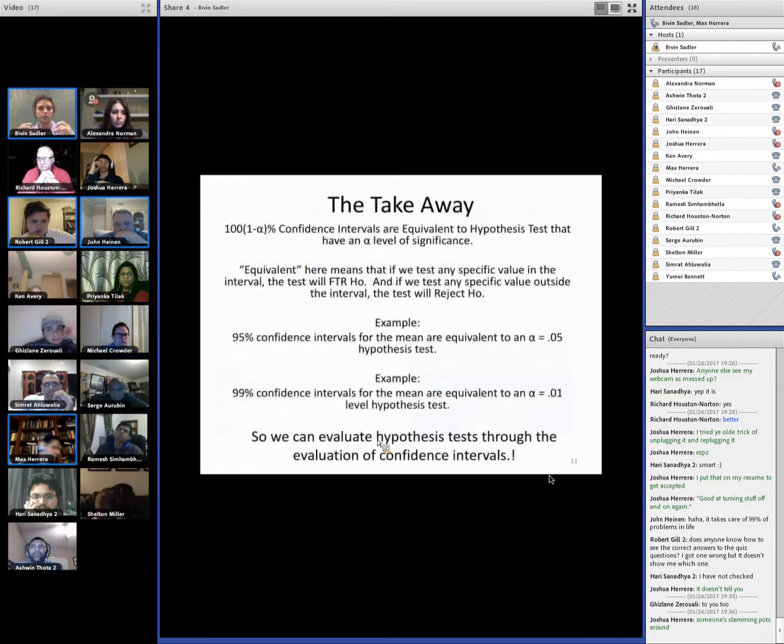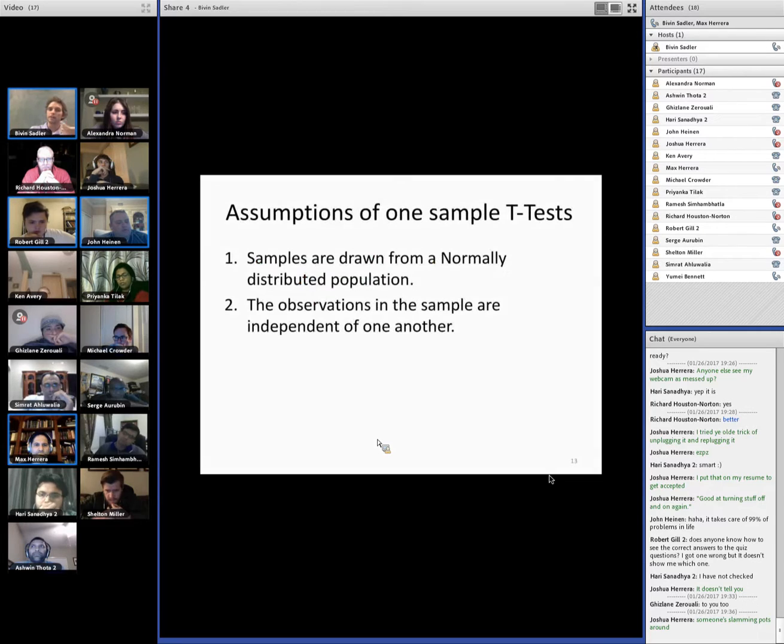So when I'm trying to evaluate tests, I can evaluate confidence intervals instead, and it's a one-to-one correspondence. When you're looking at those examples from the book and in the videos, they gave evidence of these assumptions by looking at confidence intervals, not hypothesis tests, but they're the same thing.